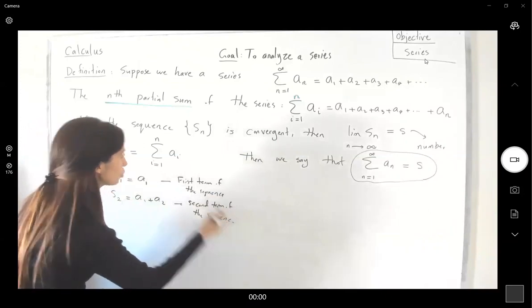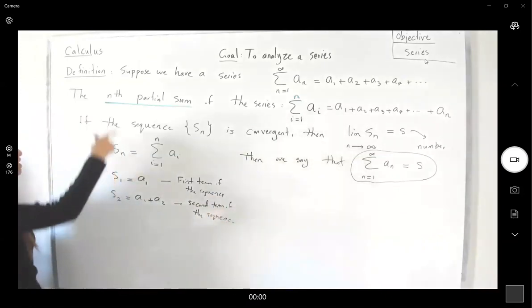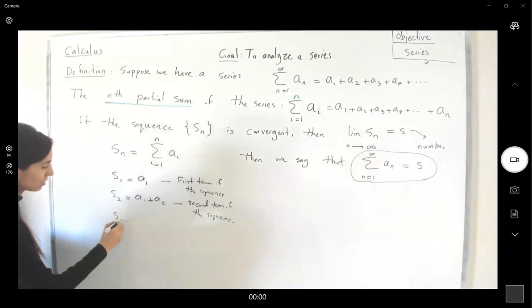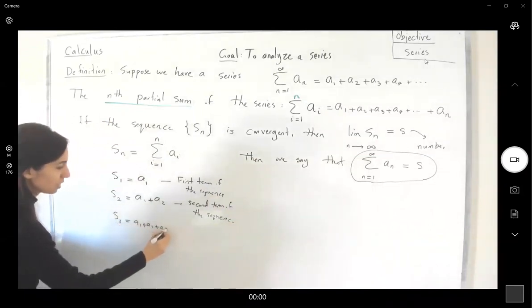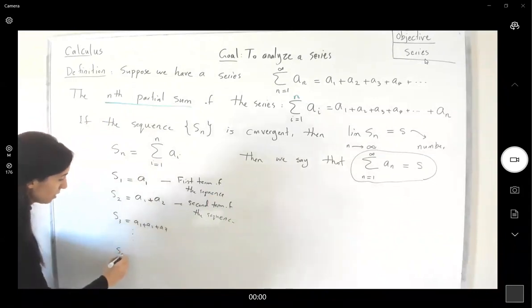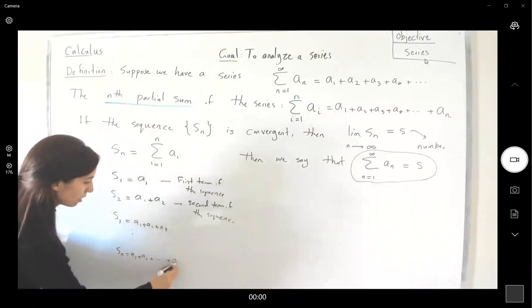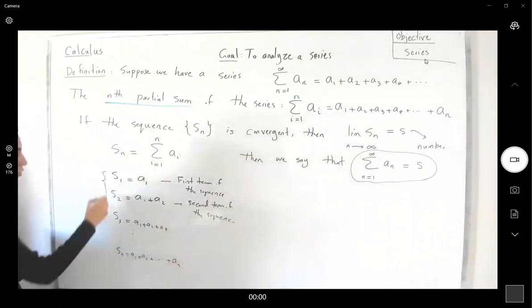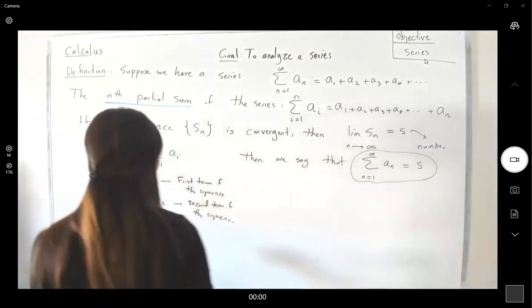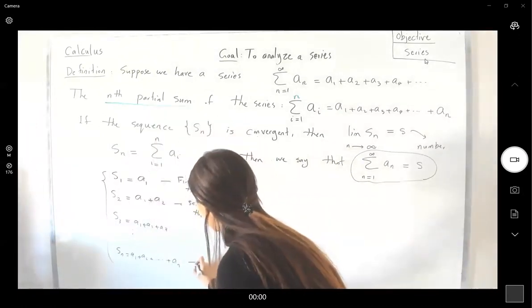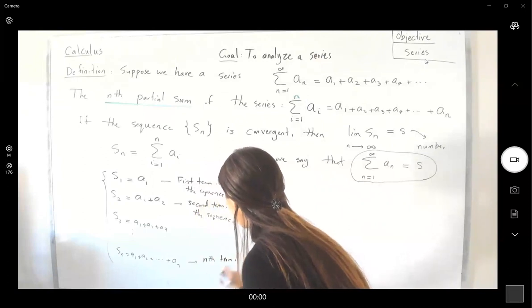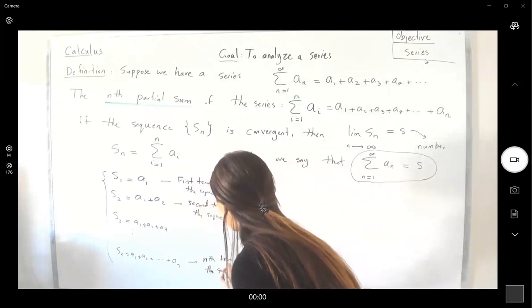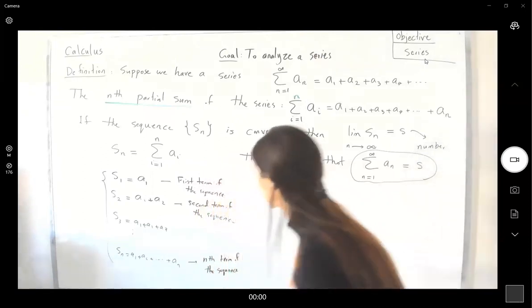S sub 3 is a sub 1 plus a sub 2 plus a sub 3, and S sub n is a sub 1 plus a sub 2 through a sub n. So this is your sequence, the nth term of the sequence.